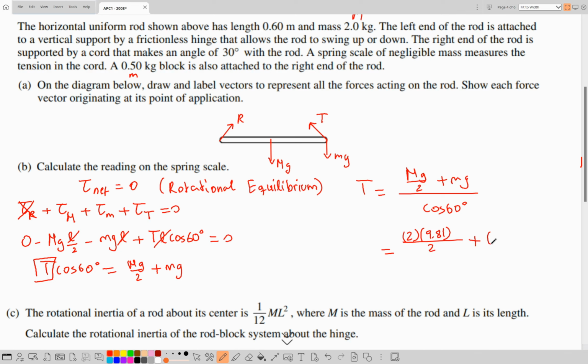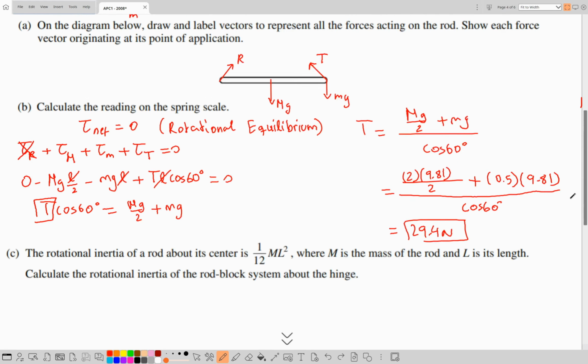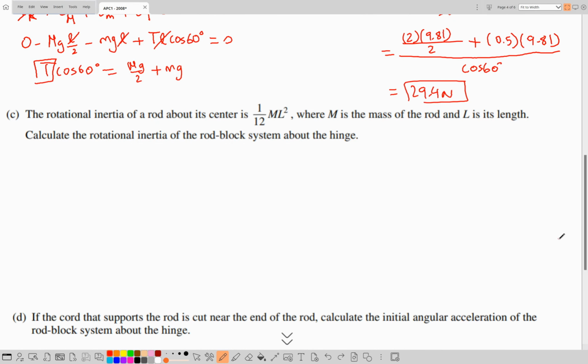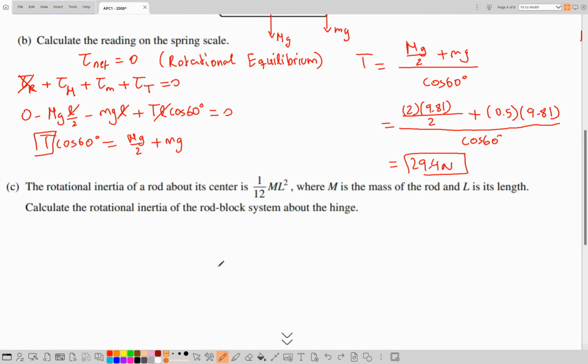Divided by 2, plus the mass, which is 0.5 multiplied by 9.81, over cosine 60. Now plugging that fraction into the calculator, we have that the tension is almost 29.4 newtons. Then the reading of the spring scale would be 29.4 newtons.